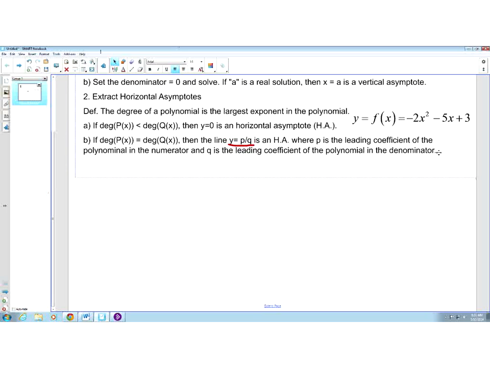So the other consideration for obtaining asymptotes, Part C: if the degree of P of x is greater than the degree of Q of x, that's the third case, then there is no horizontal asymptote.